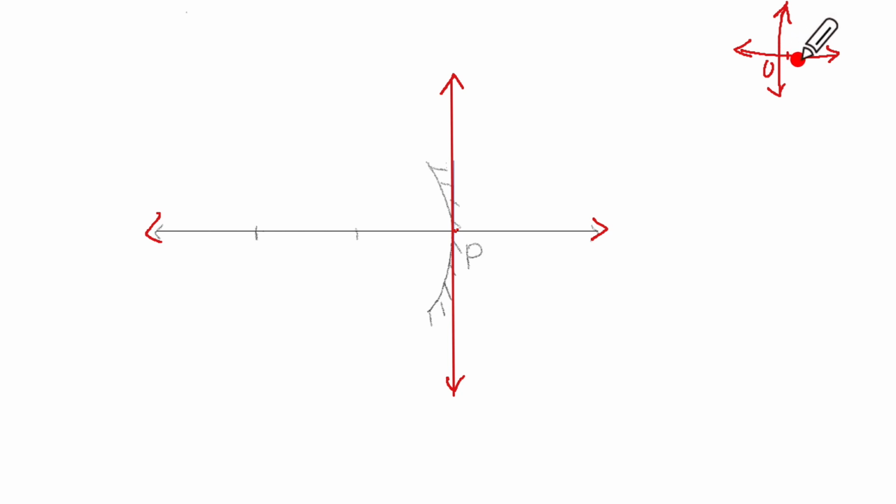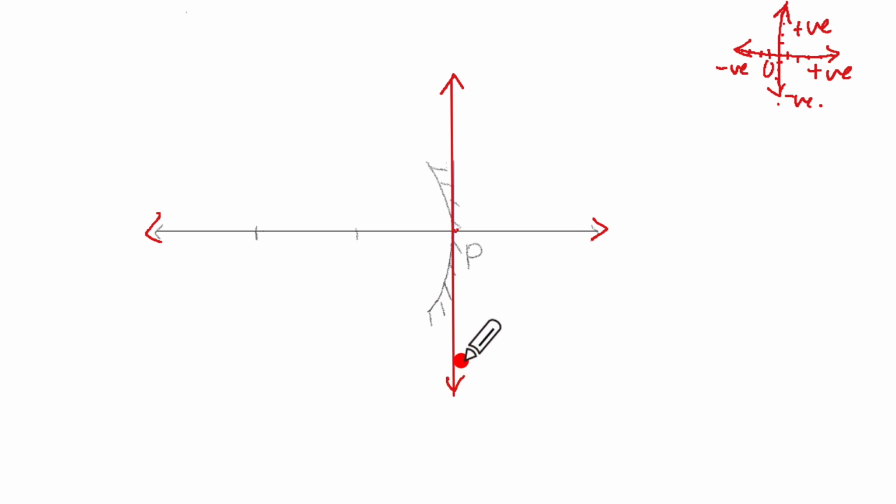This side will be positive 1, 2, 3, 4, 5. So this side is going to be positive and this side will be negative 1, negative 2, negative 3. So this will be negative. If we go up the y-axis, it is 1, 2, 3, 4, 5, so that is going to be positive. And if we go below this way, then it's going to be negative.